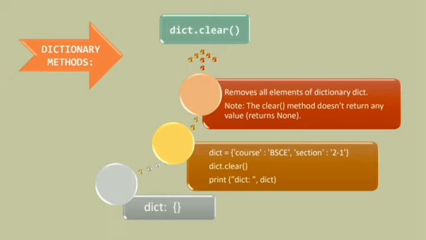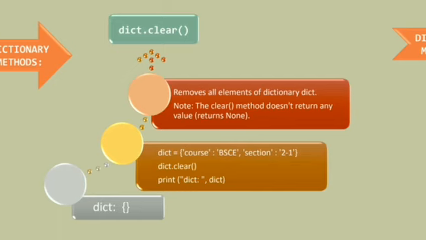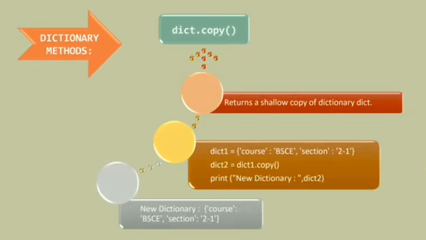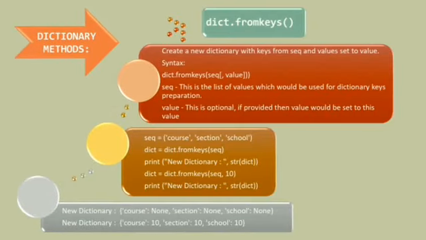When the above code is executed, it produces the following result. Dict.copy. This method returns a shallow copy of dictionary dict. When the above code is executed, it produces the following result. Dict.fromkeys.